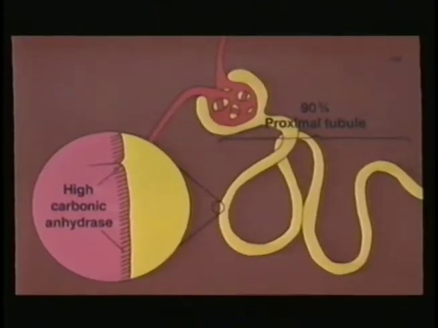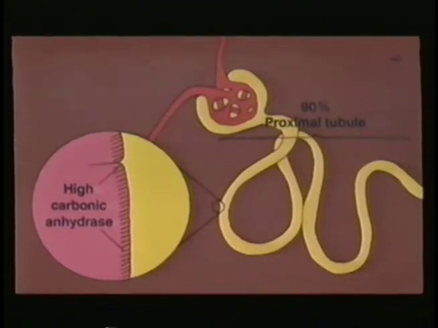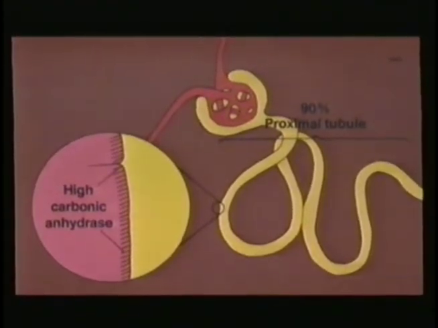Clearance studies and micropuncture experiments indicate that the bicarbonate ions conserved by the proximal tubule account for 90% or more of the filtered bicarbonate. This observation correlates well with the abundant carbonic anhydrase activity that can be demonstrated at the luminal surface of proximal epithelial cells.